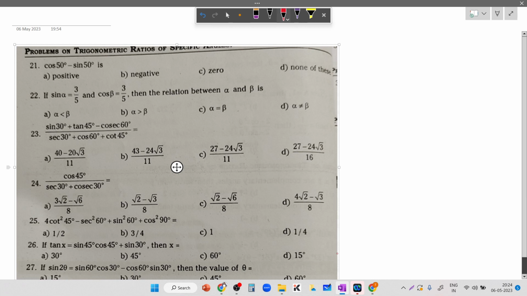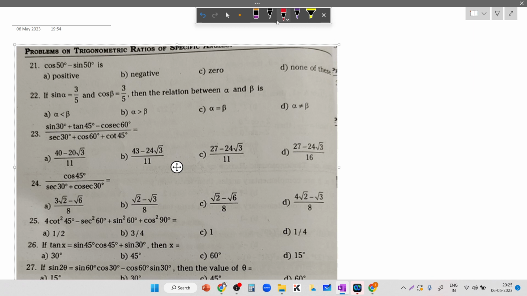Now they are asking whether cos 50 minus sine 50 is positive, negative, 0, or none of these. Very good question. See, we don't know either of the values. We don't even know the value of cos 50 or sin 50, but we need to tell whether it is positive or negative. We'll take the help of the graph.